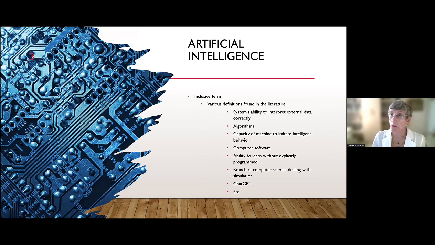Others say it's the capacity of a machine to imitate human intelligent behavior. Others may look at it as a way of learning without being explicitly programmed to do so. Then there are others that just call it a branch of computer science dealing with simulation.